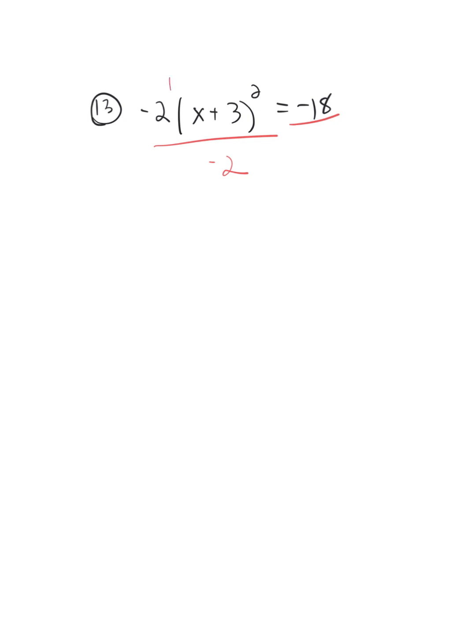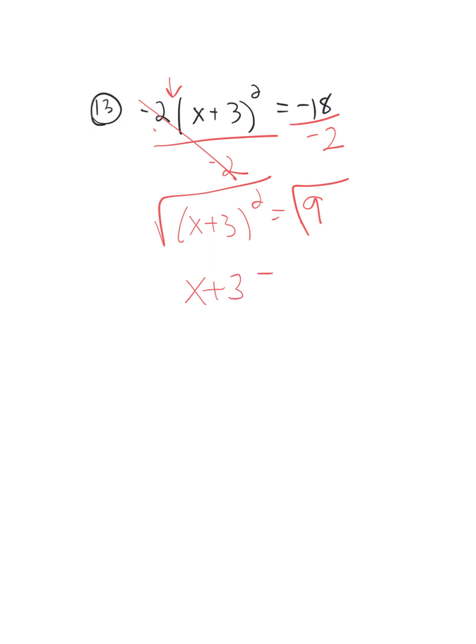So I think about how the -2 is connected to the parenthesis, through what operation? That is multiplication. So I'm going to divide both sides by -2. That'll leave me with x plus 3 squared equals 9. And now I'm going to square root both sides. I'm square rooting, so that's going to give me a plus or minus.